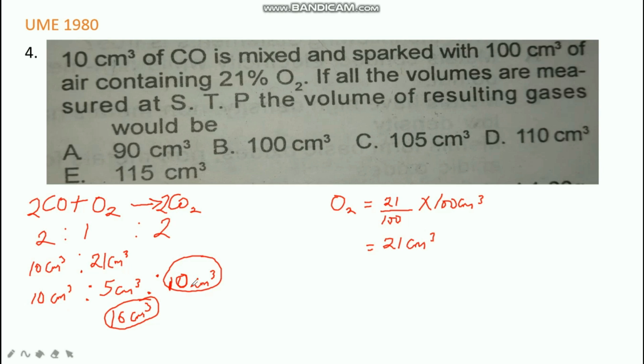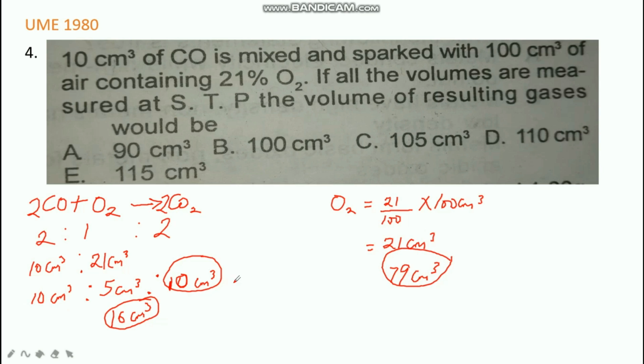Okay, the resulting gas. Now also remember that for all the gases in this, which is 100 cubic centimeter, 21 out of it is the oxygen. So that implies that the remaining 79 cubic centimeter also will be part of the resulting gases.